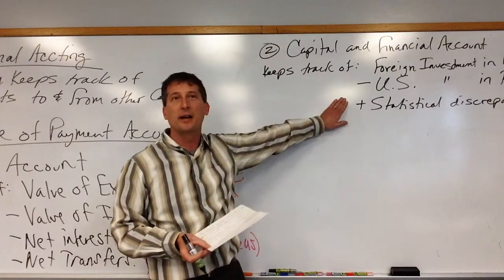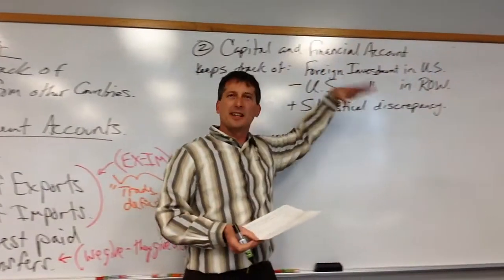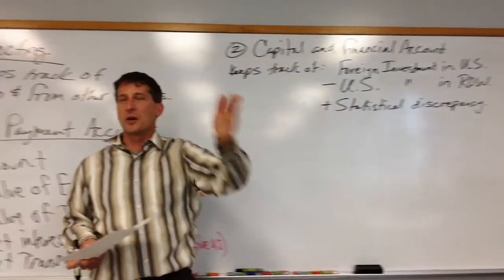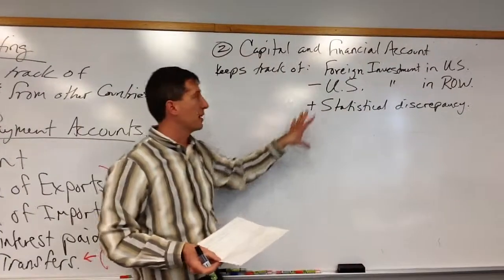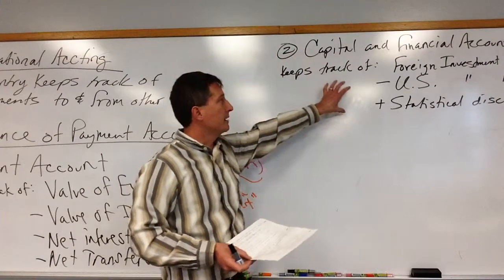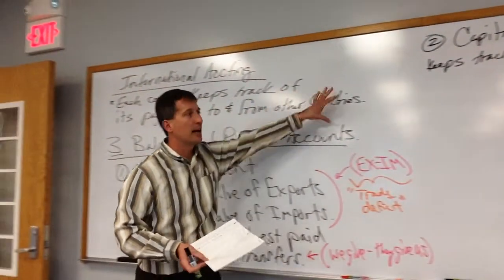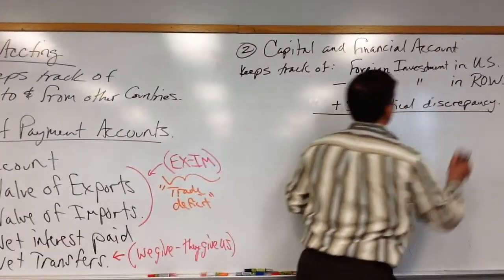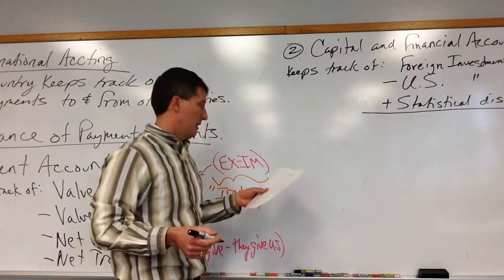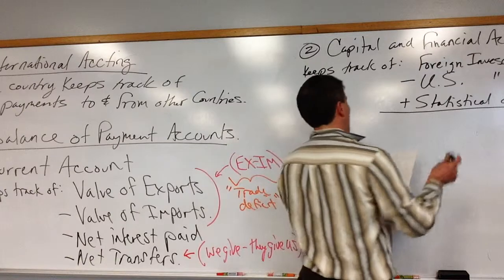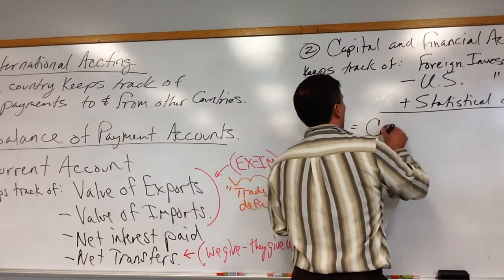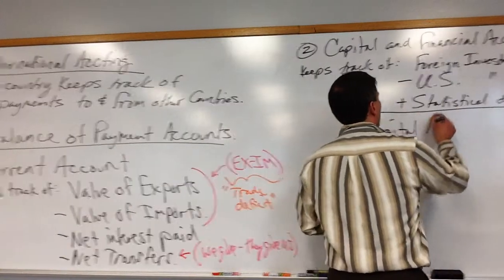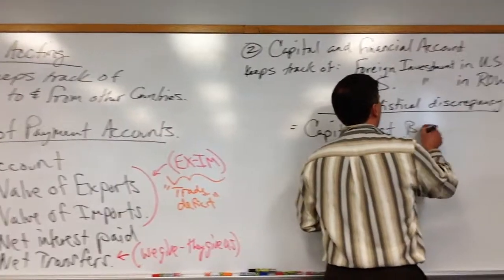But as you can imagine, with illegal activity and other things going on, we don't have a perfect set of books in keeping track of what's going on at the country level. So they throw in this statistical discrepancy. And so that all ends up being equal to the capital account balance.